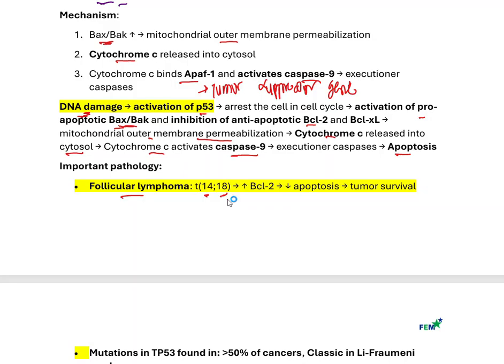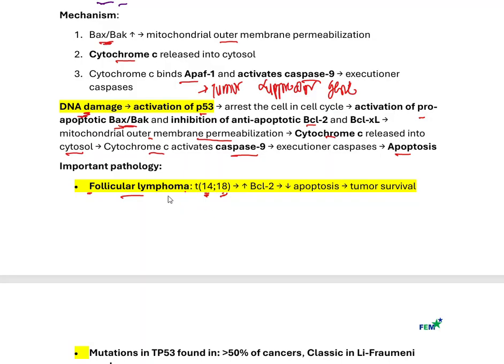Because follicular, F is the sixth letter, so that will be 14. And if you count how many letters are in follicular lymphoma, they are all 18. So 1, 2, 3, 4, 5, 6, 7, 8, 9, 10, 11, 12, 13, 14, 15, 16, 17, 18.